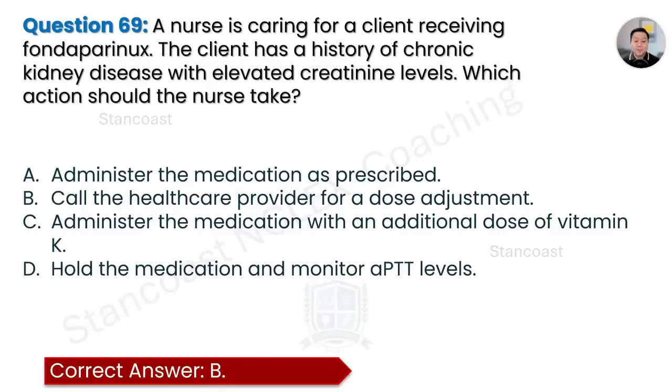Now, if you selected letter A, this is incorrect because administering without adjustments can lead to severe complications. Letter C is also incorrect because vitamin K does not interact with fondaparinux and it's not used in this situation. Also, letter D is incorrect because APTT monitoring is unnecessary for this drug because it does not directly affect the clotting and also the clotting factors involved.